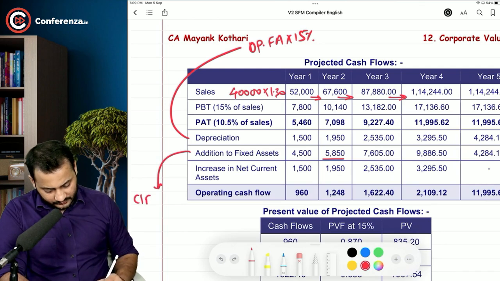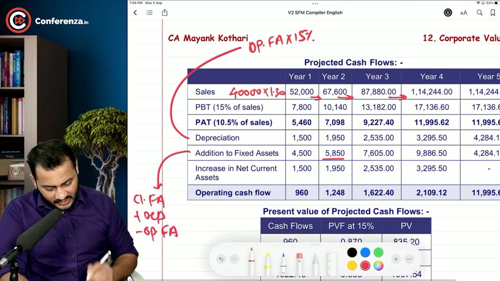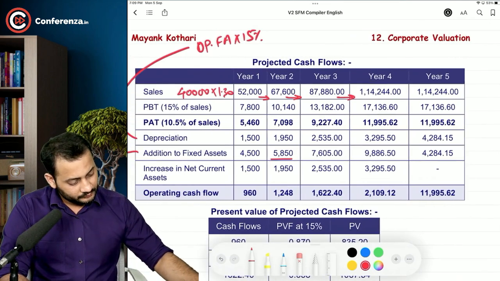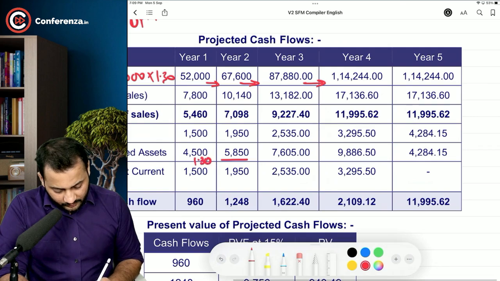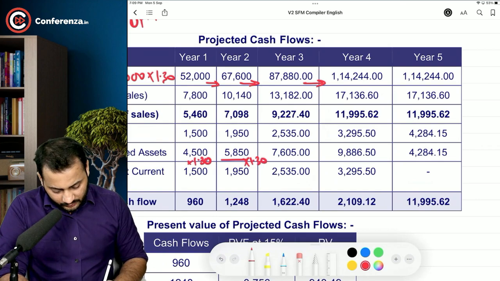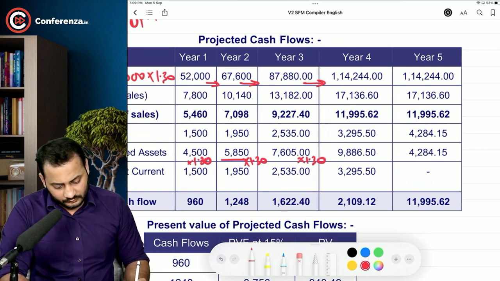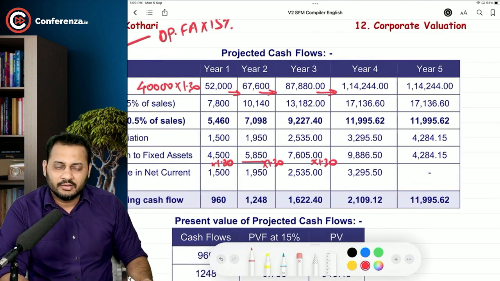Closing fixed assets plus depreciation minus opening fixed assets. And once you calculate that, it will be very easy for you, because you have to just multiply 1.30, 4,500 into 1.30, 1.30, 1.30. Right, you have to do it like this easily.